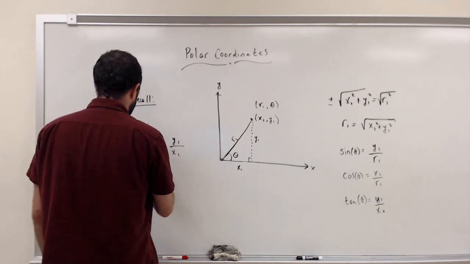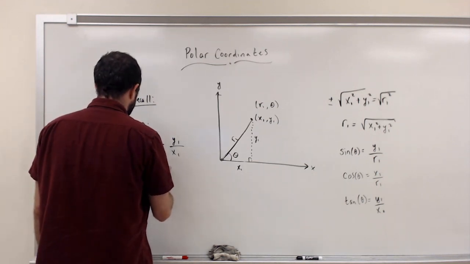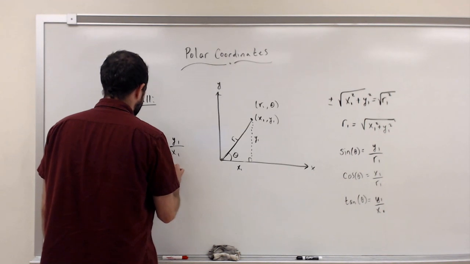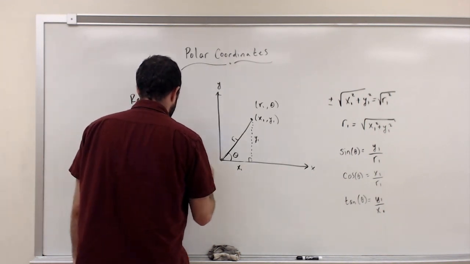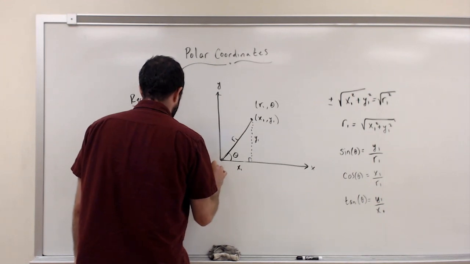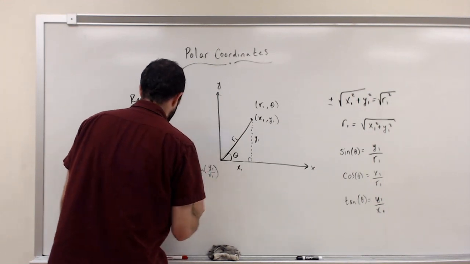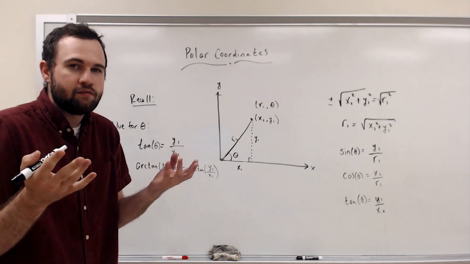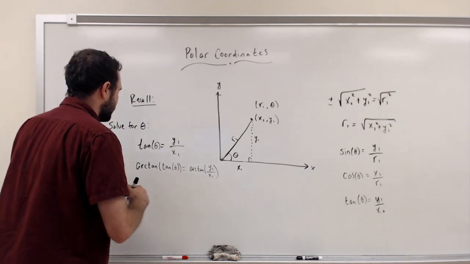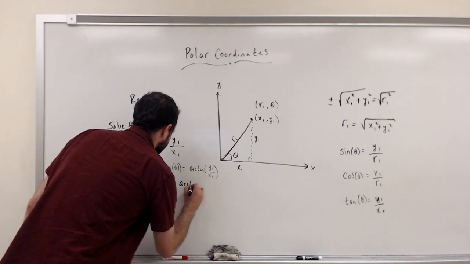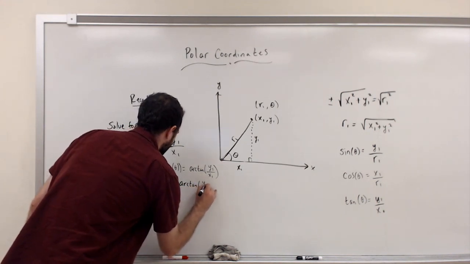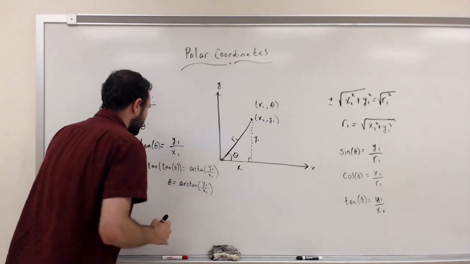So we can do arctangent of theta equals arctangent of y1 over x1. Again, these are inverse functions. They undo each other. And so we're left with theta here. Theta is arctangent of y1 over x1. And so there we go.